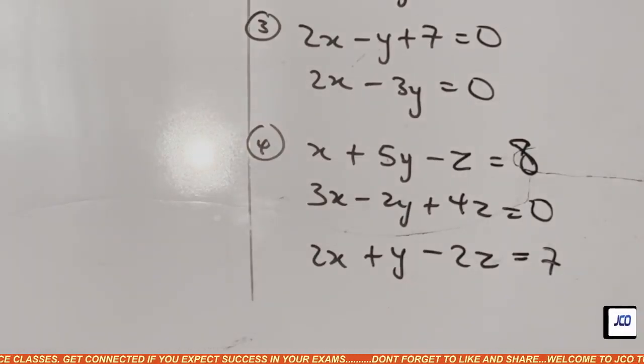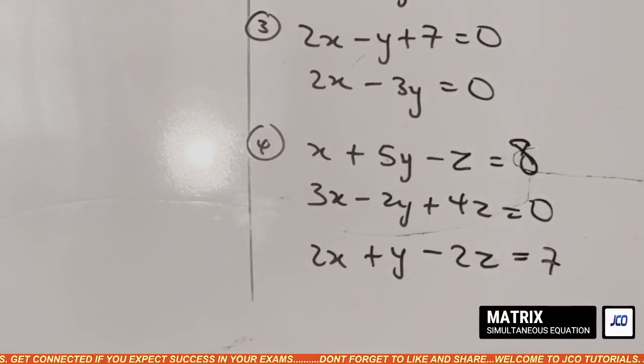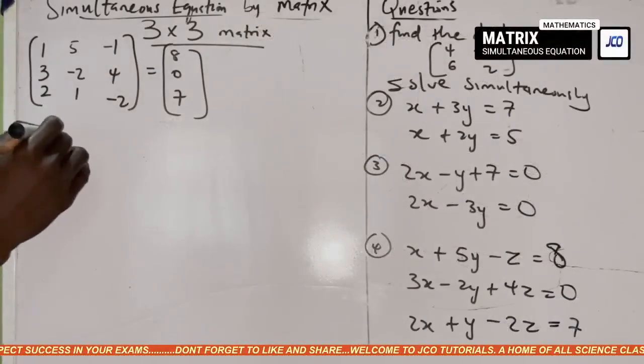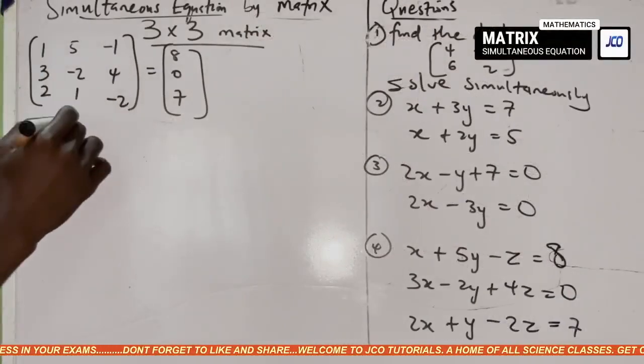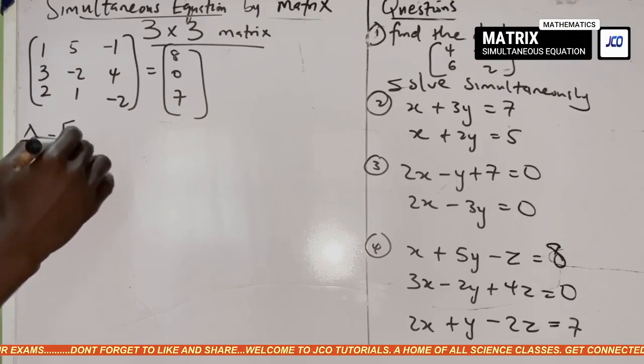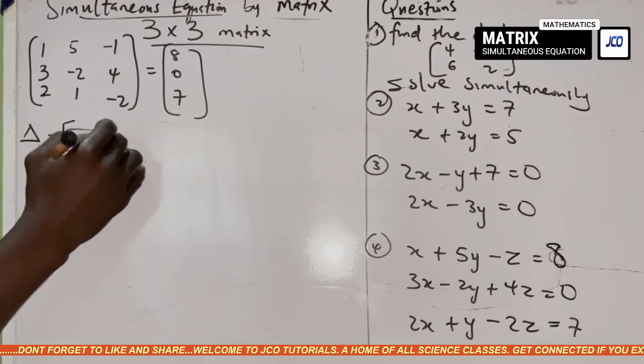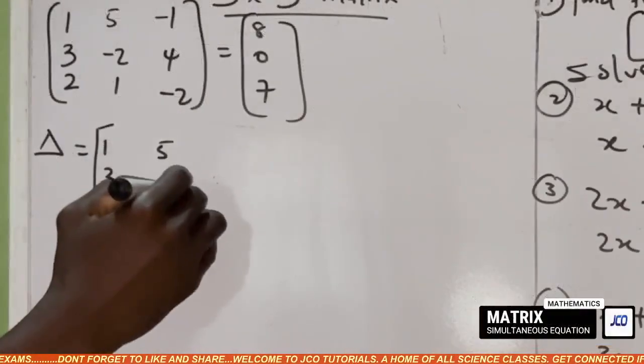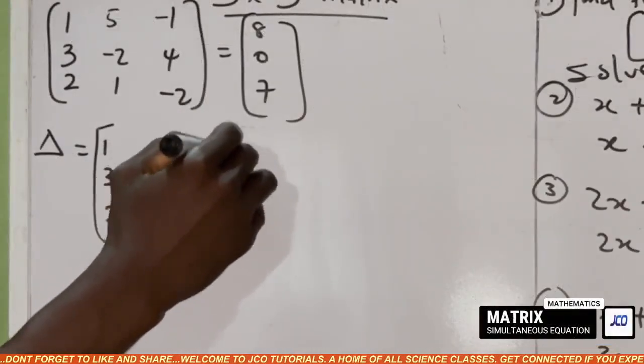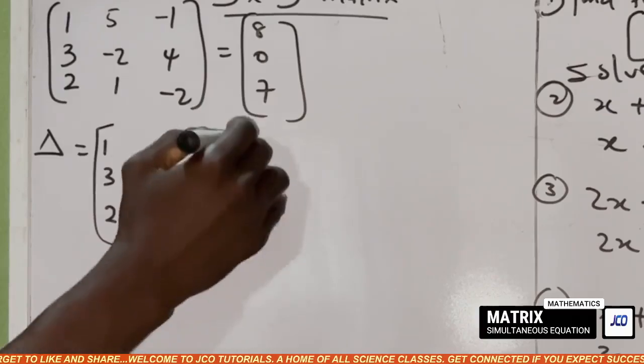Okay, now how do we find the determinants? The main determinant is going to be this whole block: 1, 3, 2, 5, minus 2, 1, minus 1, 4, minus 2.